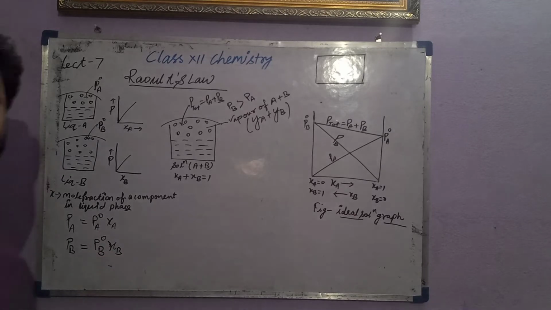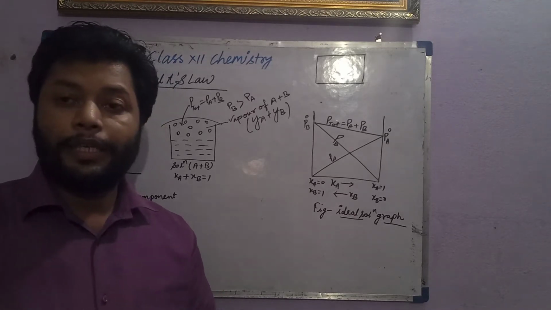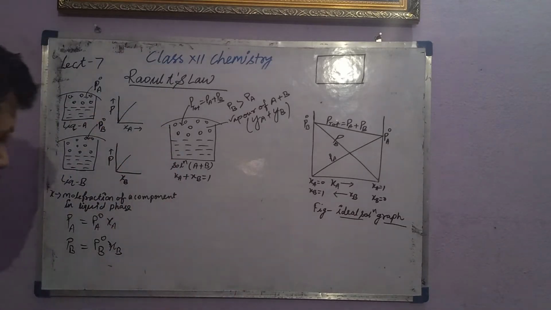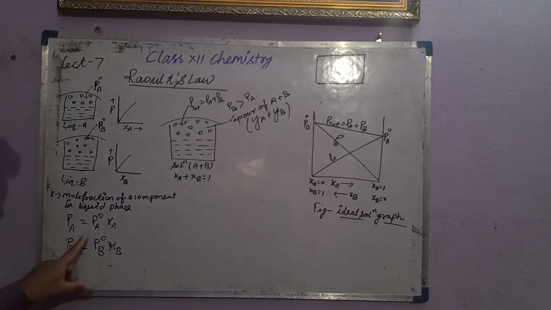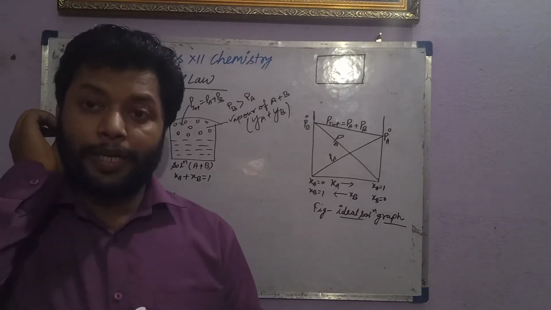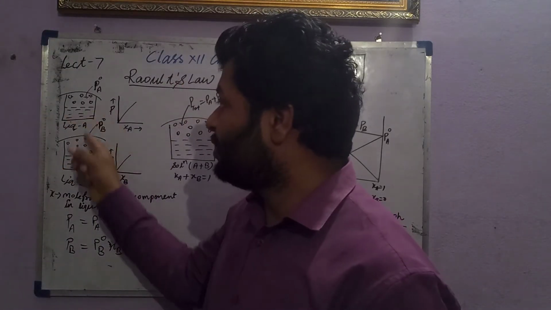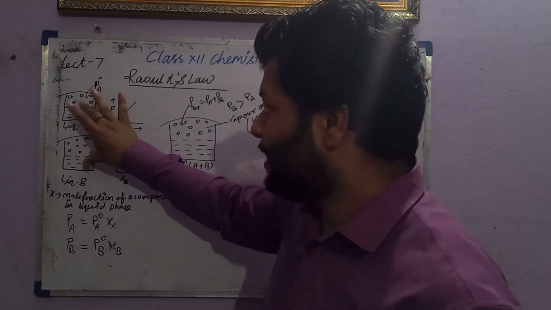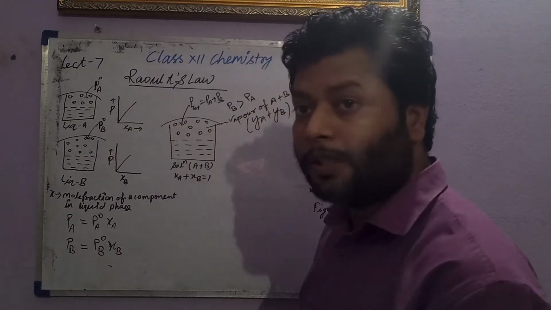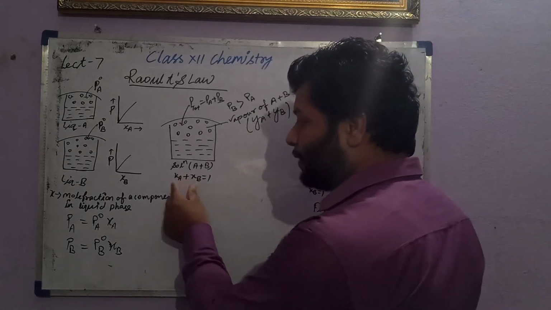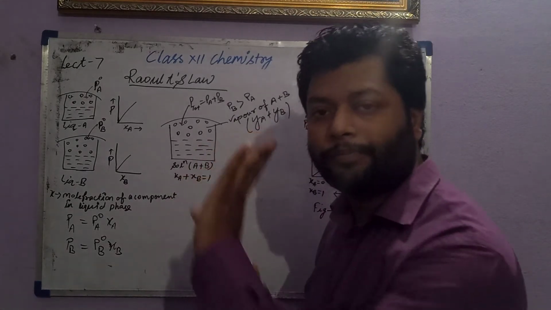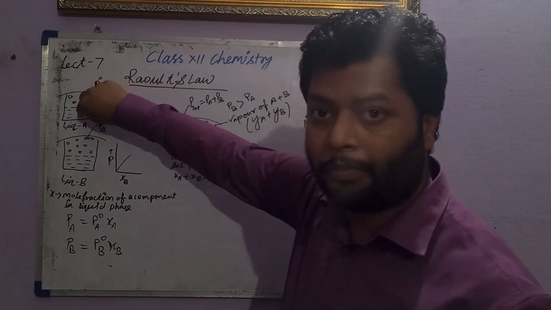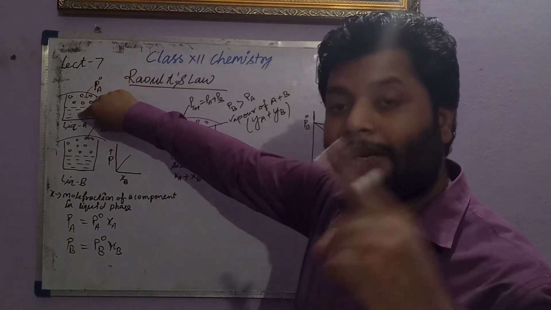That was the formula we evolved in the last lecture. So PA and PB will be P naught A XA and P naught B XB, where P naught A and P naught B are the vapor pressures of component A and component B in a pure state, when they are not mixed. When they are mixed together, they form a solution, and now the mole fraction XA plus XB equals 1.